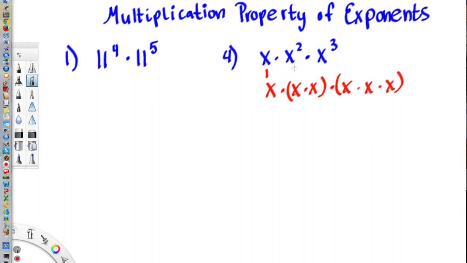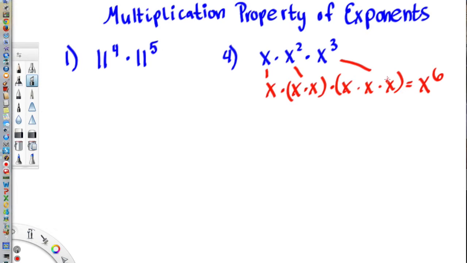There's my x, there's my x squared, and over here I have x cubed. And when I multiply this through, I'm going to get this in exponential form. It's going to be equal to 1, 2, 3, 4, 5, 6, x to the 6th power.